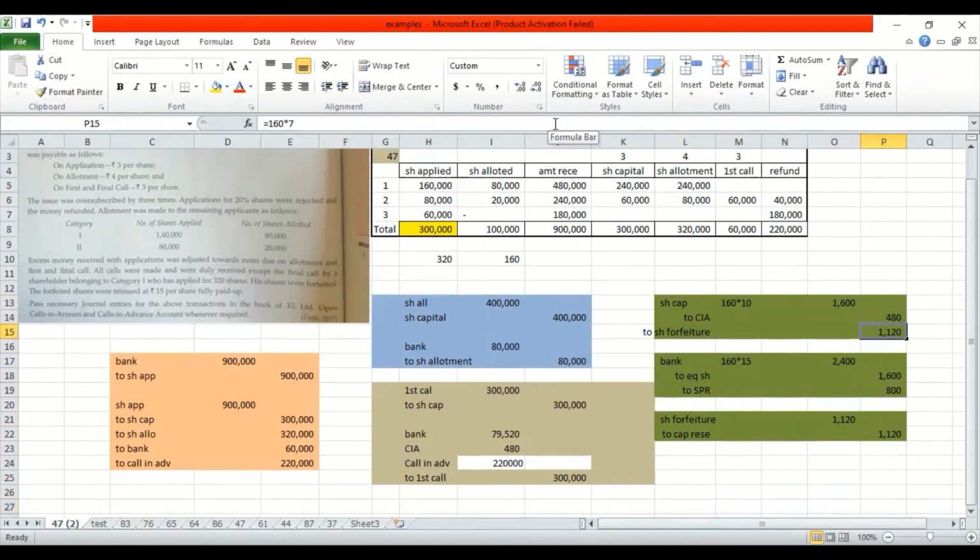So that is the reason why I asked you not to use the balancing trick, because if the call in arrears is wrong or share capital is wrong, this forfeited figure goes wrong as well as the final figure. I hope this sum is clear. We will do one more sum so that the table is very clear and you understand every aspect of it.